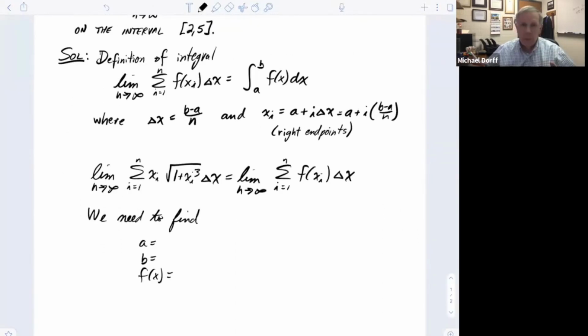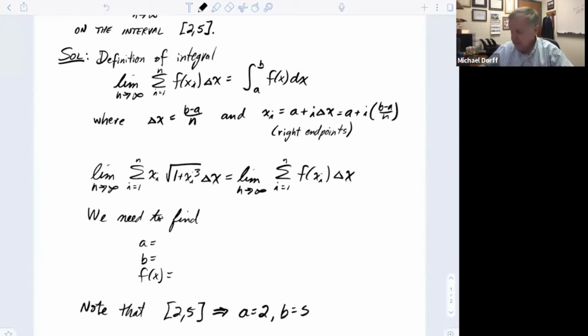Now, we're given the interval 2 to 5, which is really helpful. This implies that a is the first point of the interval and b is the second point, so a is 2 and b is 5.